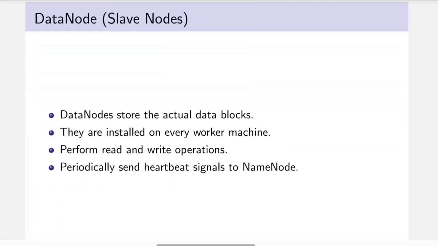Now moving on to the second type of HDFS component, that is nothing but the data node. The data node stores the actual data blocks, that you need to remember. It does not store the file name of the data, it stores the actual data that is there in that file.